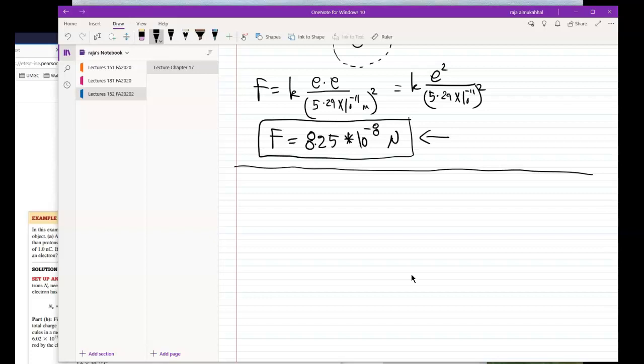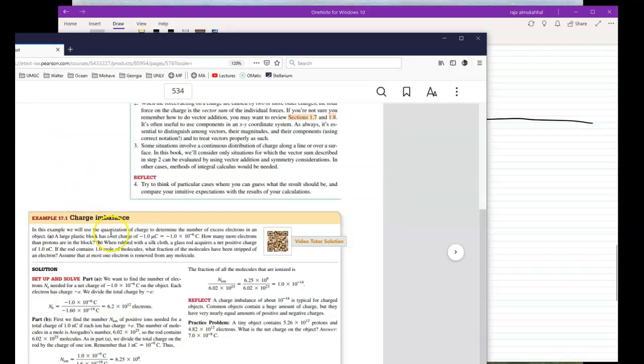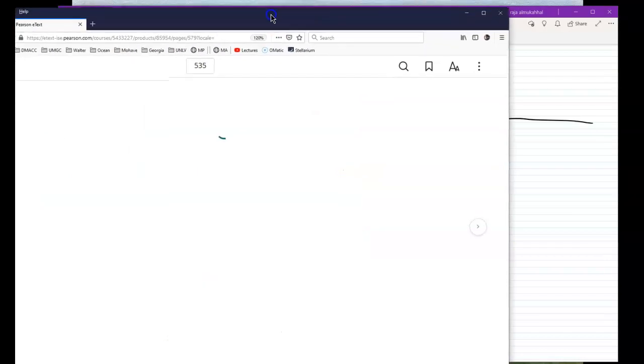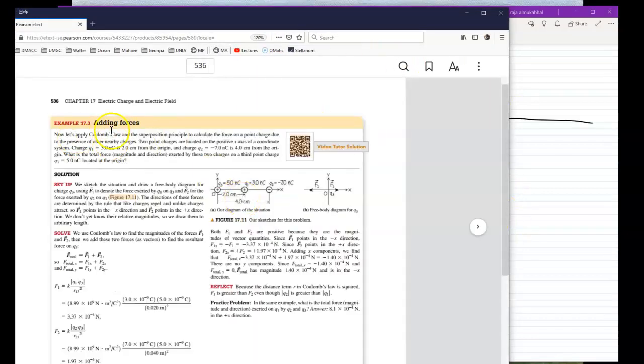Let's do something a little bit more complicated, and that is example number 17.3. I'll show it to you. It's the next page. There it is, right here.